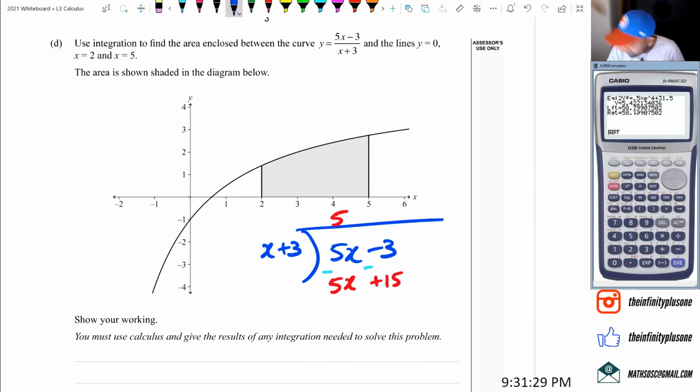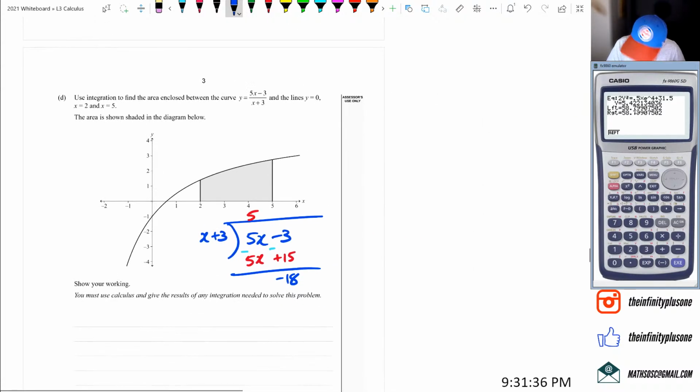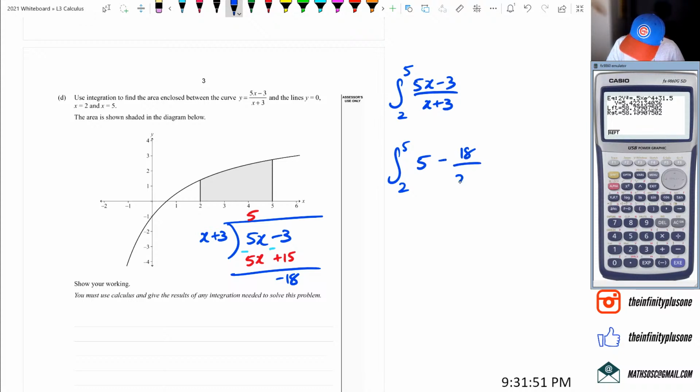What I'm left with is negative 3 minus 15, which is negative 18. So I can rewrite this as 5x minus 3 over x plus 3, between 5 and 2, except this time I'm going to write it as 5 minus 18 over x plus 3 dx.